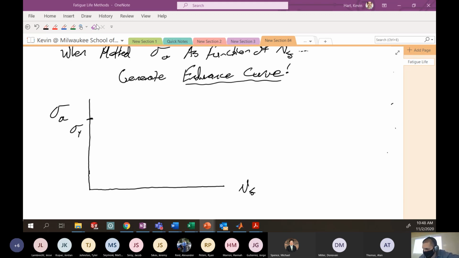They're both kind of used interchangeably. So let me make this a little bit more clear. Here's your stress amplitude. This could either be the yield stress or the ultimate stress. Both are presented in the real world. So we could consider this as like one data point.